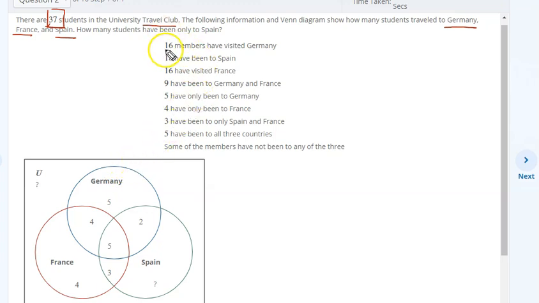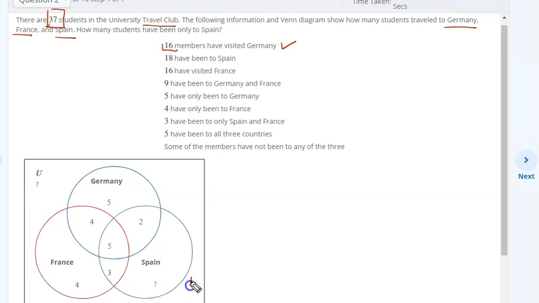But 16 members, let's check this one out, visited Germany. So we have here 5, 10, 14, 16. So that's already in there. 18 have been to Spain. So we have 2, 7, 10.